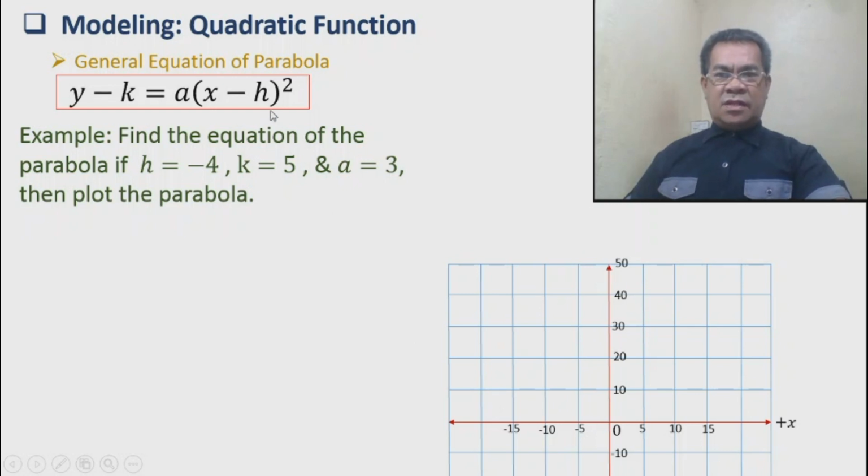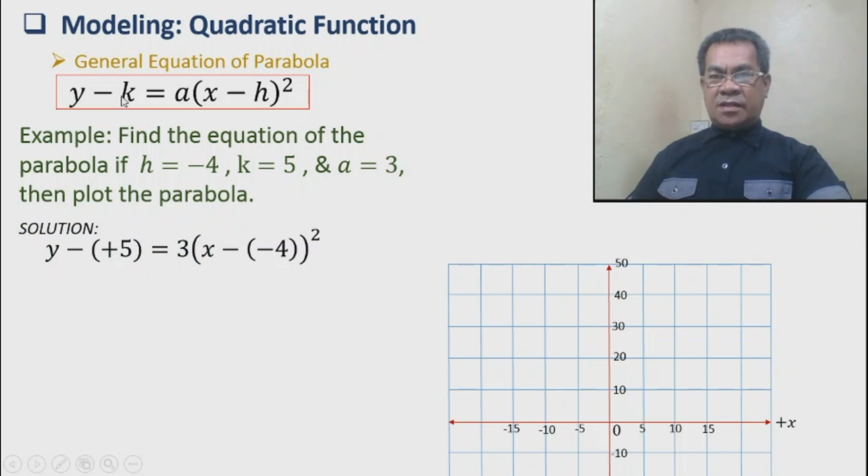Okay, so you do not substitute x and y in that case, because you are looking for the equation. So substitute: k is positive 5, a is positive 3, h is negative 4. Algebraically, negative becomes plus, so this should be x plus 4 squared.